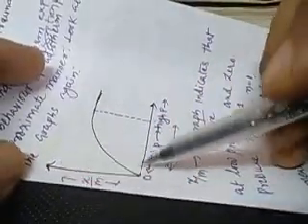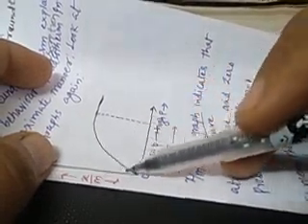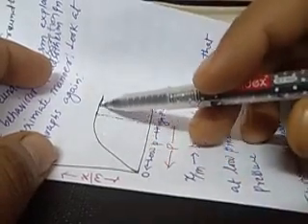Look at the graph again. You can see that there is a graph of x by m versus p. This graph is almost a straight line in this part. It starts from the origin and then it goes parallel to the x axis in this case.